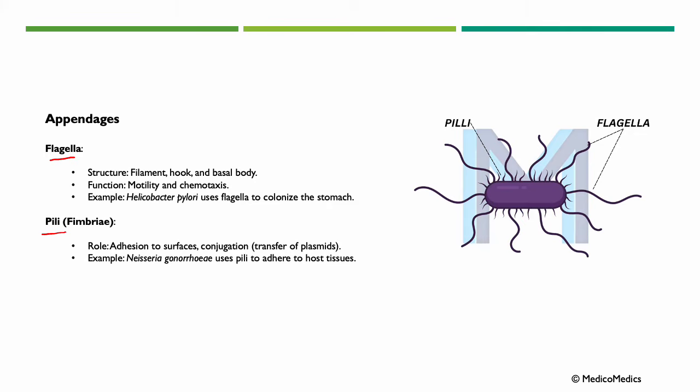And some pili are even used to transfer DNA between bacteria, helping them share tricks like antibiotic resistance, for example. So the flagella structure is of a filament, has a hook and a basal body. Function, indeed, motility and chemotaxis. An example is Helicobacter pylori, which uses flagella to colonize the stomach.